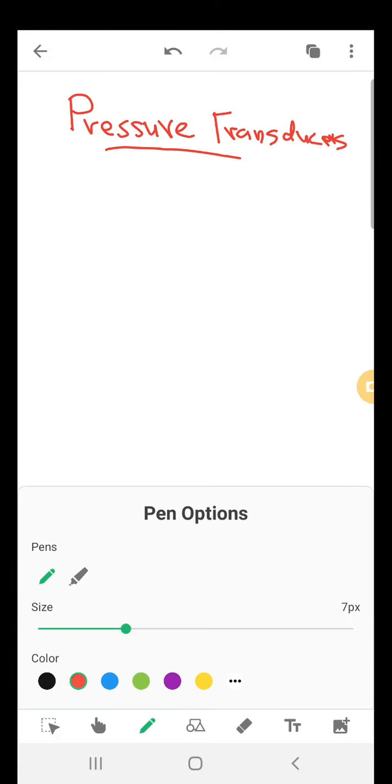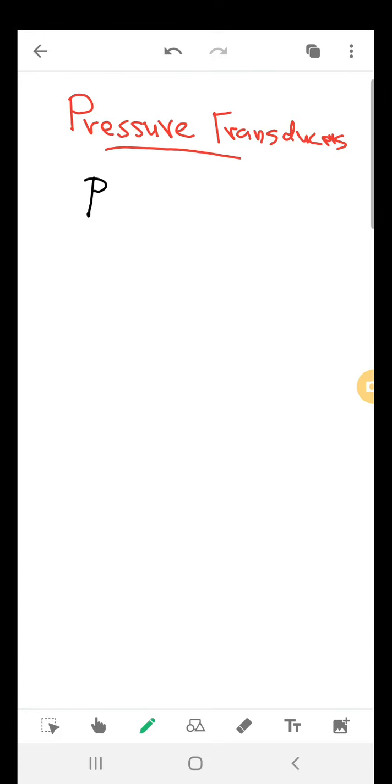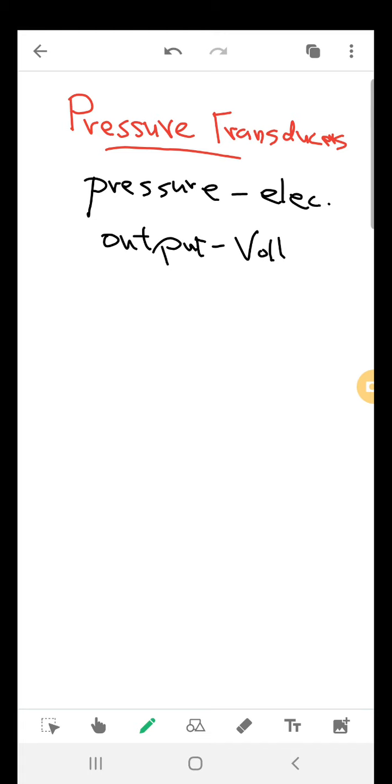As the name suggests, they are converting pressure into electrical output, and this is proportional to the pressure measured. The output may supply a current or voltage signal. So this output we basically get as a voltage signal.